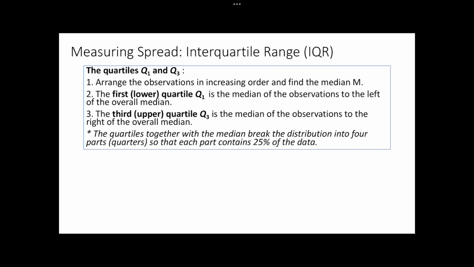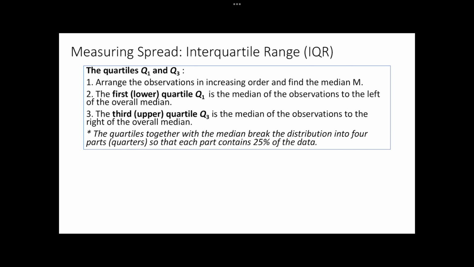We can also use the interquartile range, or IQR, to describe the spread. So the interquartile range is going to give us the middle 50% of our data. To do that, what we're going to do is cut the data into quarters, or sections of 25% of the data, using something called the quartiles.